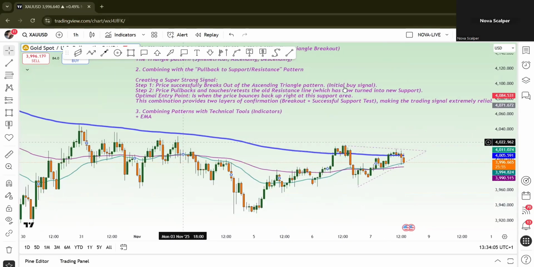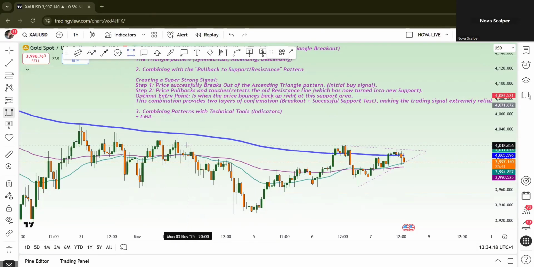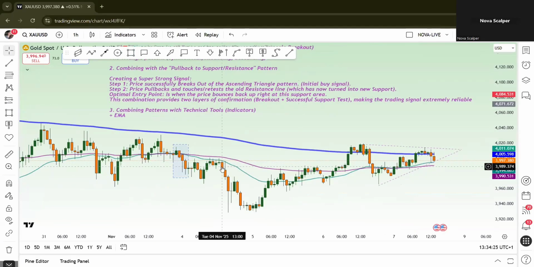As you can see at this point, I will mark it up, I will highlight it. This is the crossover between the 2 EMAs, 34 and 89.